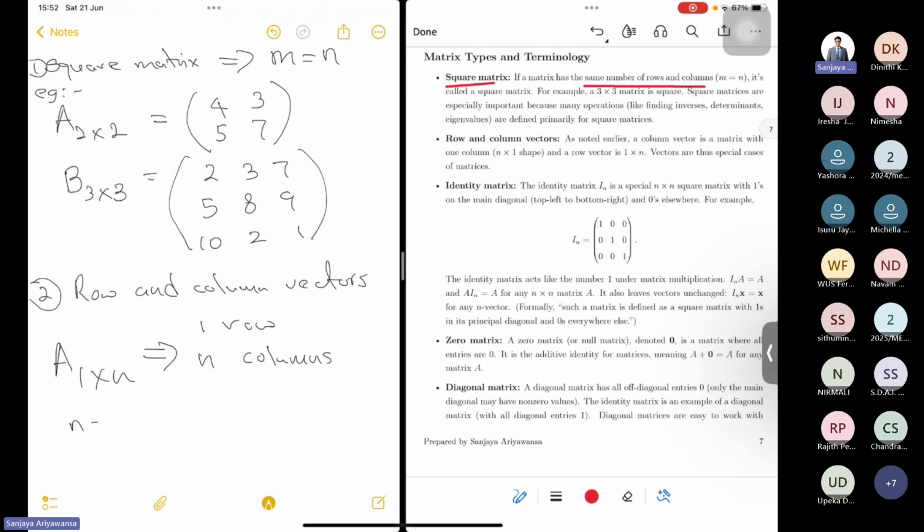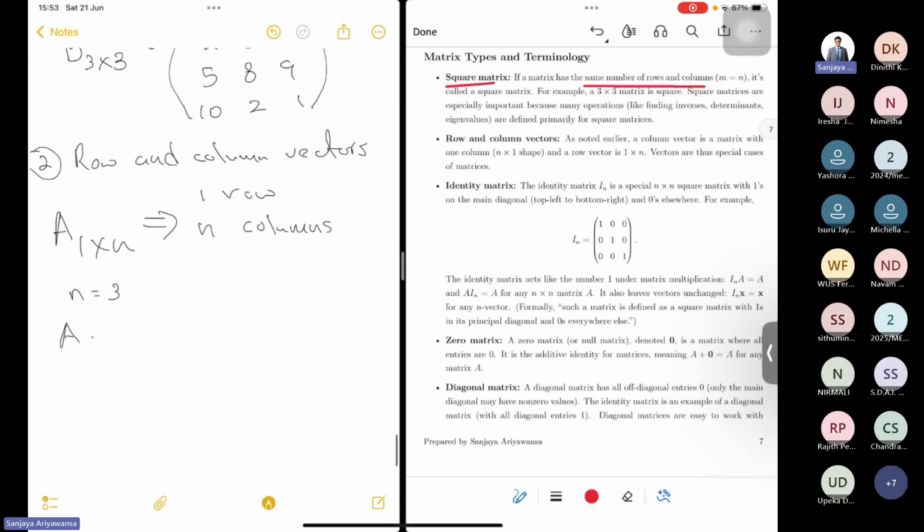Let's say n is equal to 3. Then you would have A 1 by 3, so one row, 3 columns. Let's say 2, 5, 8. It has only one row, but there are 3 columns. So what is this? This is a row vector.